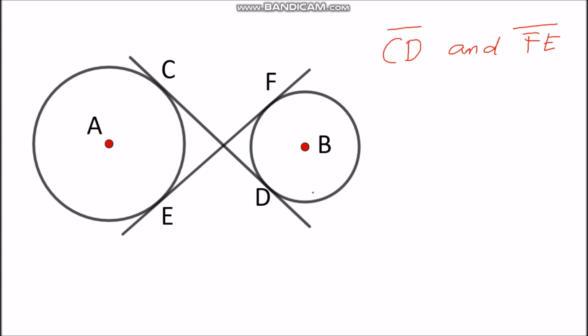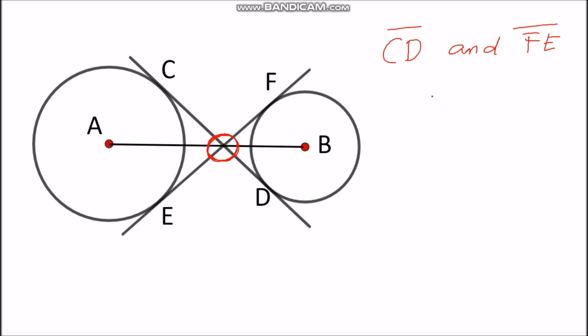Another thing we have to remember is that these two tangents must intersect the segment joining the two centers of the given circles. So let's say we connect point A and point B. The two common tangents here intersect the segment connecting the two centers of the given circles.